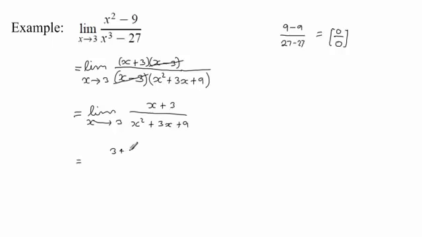Then we write it as 3 plus 3 over 3 squared, which is 9, plus 3 times 3, which is 9, plus 9. And then this is going to give us 6 over 27, which you can simplify by dividing by 3, and write as 2 over 9. And that will be our limit for this expression.